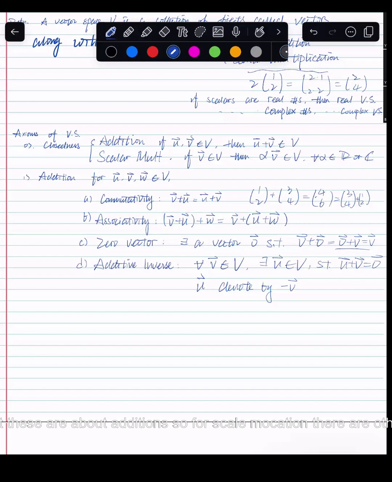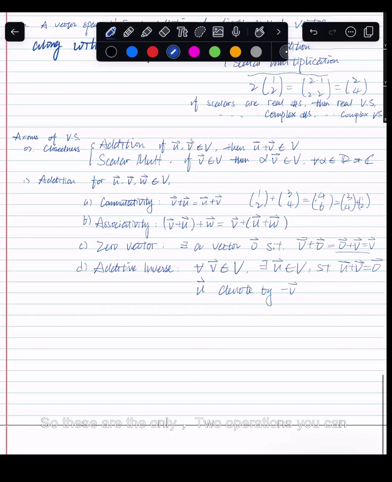So for scalar multiplication, there are other properties. So these are the only two operations you can perform on vectors, addition and scalar multiplication. Yes.